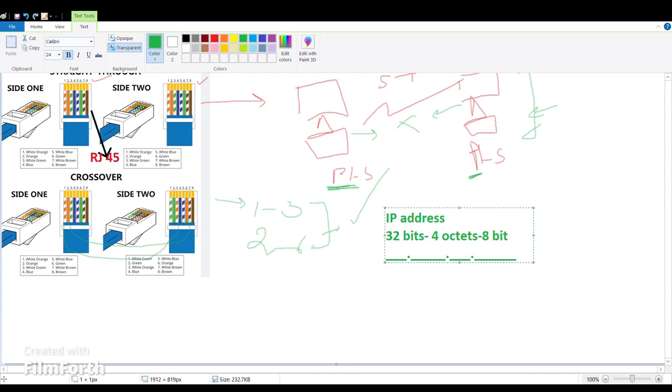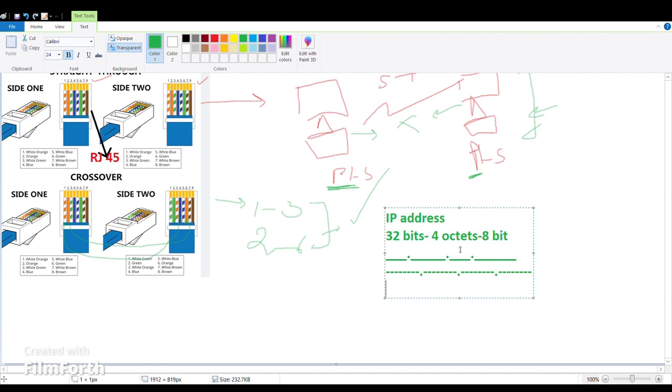So 4 octets, and they are aligned like this: 8 bits, dot, 8 bits, dot, 8 bits, dot, 8 bits. That is 8 bits in the first octet, 8 in the second, and similarly for all 4 octets, 8 times 4 is 32.